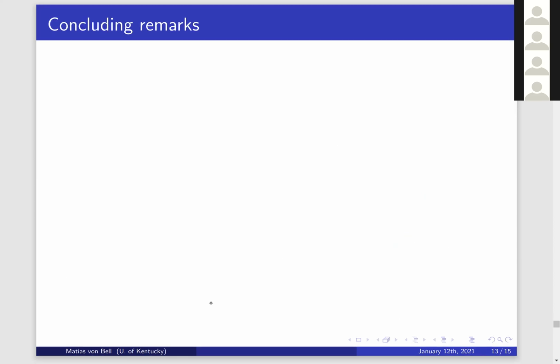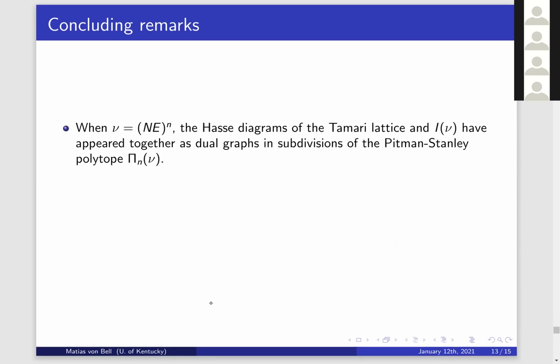And with that, I have some concluding remarks. I would like to say that in the classical case, when nu is the staircase path, the Hasse diagrams of the Tamari lattice and its corresponding principal order ideal in Young's lattice generated by nu have appeared together in certain subdivisions of the Pitman-Stanley polytope, but there they were obtained using different methods, and also they were subdivisions, not triangulations.